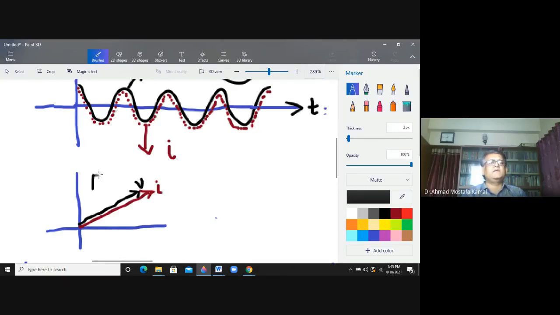This is the nature of our circuit, the resistance circuit.